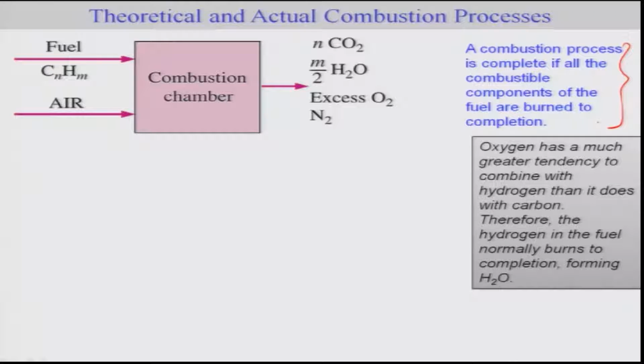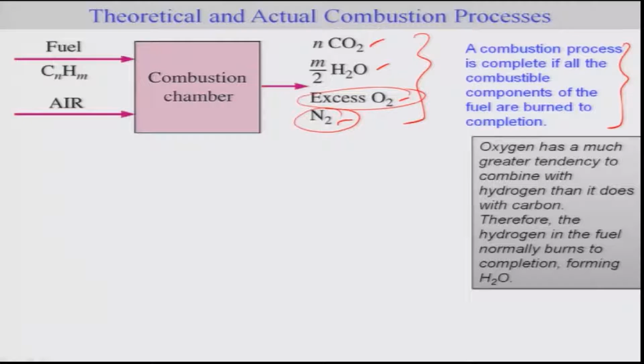So this is an example of, let us say, fuel and air leading to CO2, H2O, O2 and N2. This is a typical kind of product which will form when you burn a hydrocarbon fuel. As I said, air could be in excess, and hence you may have a stream with not just inert components such as nitrogen, but excess oxygen also, along with CO2 and H2O as the final products.